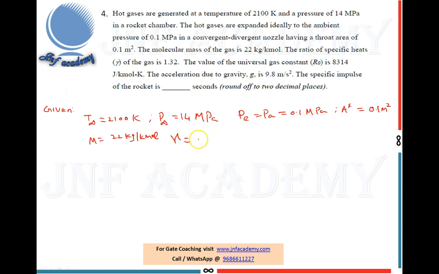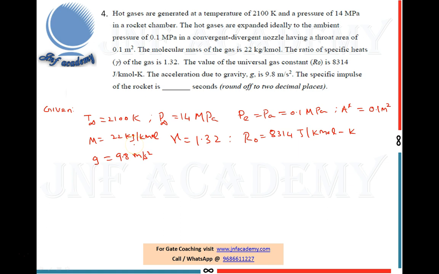So you cannot use the gamma of air, right? It is gas. The gamma of air is 1.4, so you have to use gamma of gas here, which is 1.32, which is given in the question. And the universal gas constant R naught is given to be 8314 joule per kilomole Kelvin. That's good. The acceleration due to gravity is also given, which is G is equal to 9.8 meter per second square.